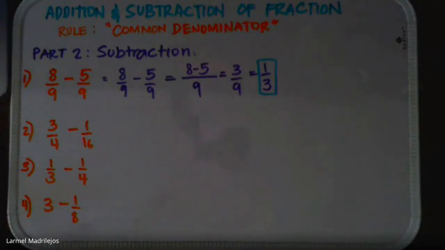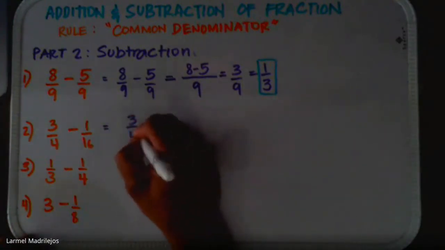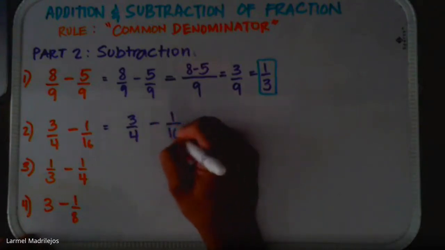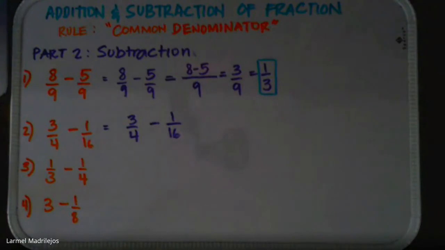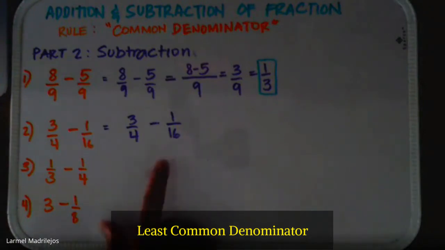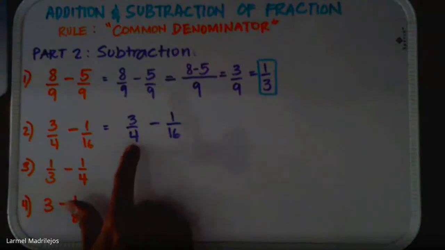Question number 2. 3/4 subtract 1/16. Okay, so we need to know the common denominator here. Between these two numbers, 4 and 16, we can convert this to 16.